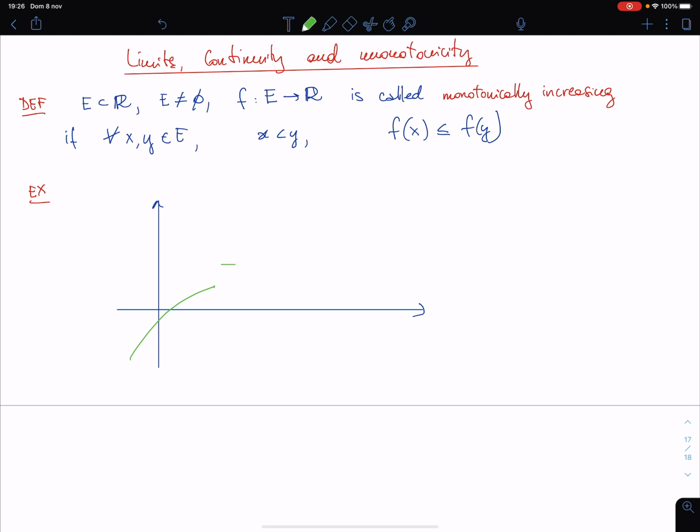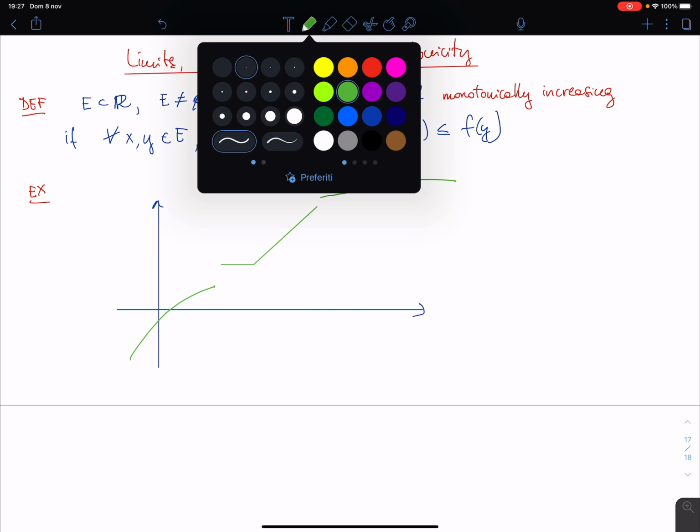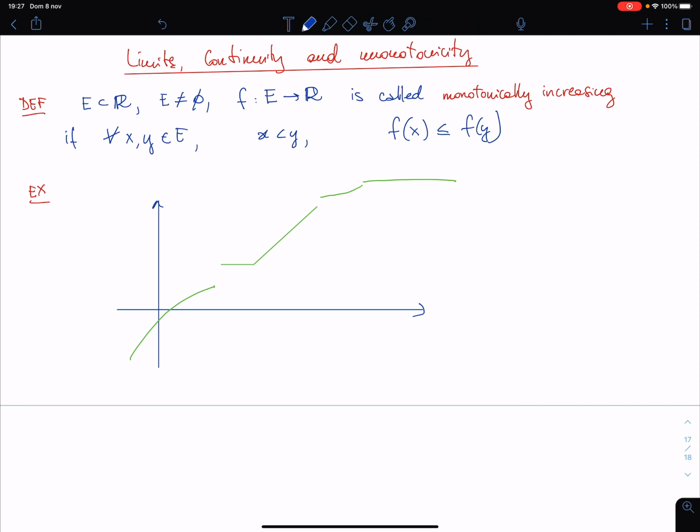Then you have, for instance, a jump, and then a thing like that, and then again a jump, and then a constant part, and so on. This is an example of a graph of a monotonic function, a monotonically increasing function.